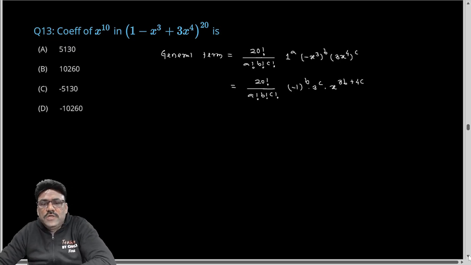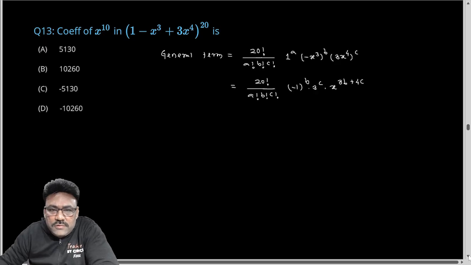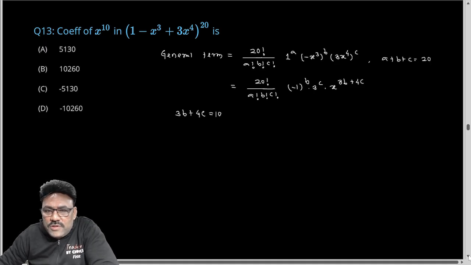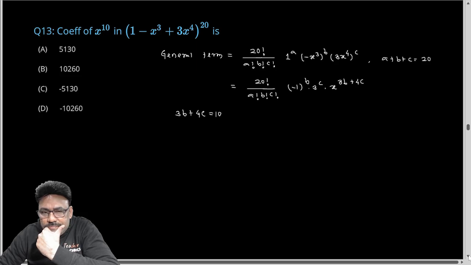And you need coefficient of x raised to 10. So that means this 3b plus 4c must be 10. One more thing here, a plus b plus c should be 20. So 3b plus 4c is 10. Now just check. If I put c is equal to 0, then no possibility for b.